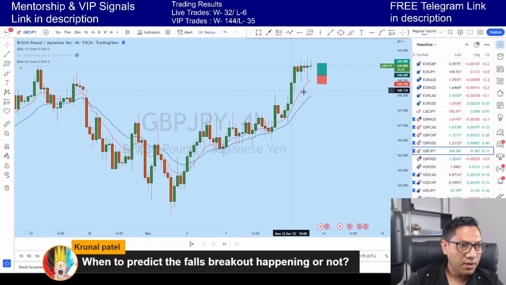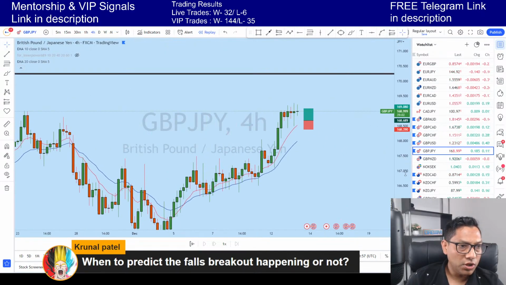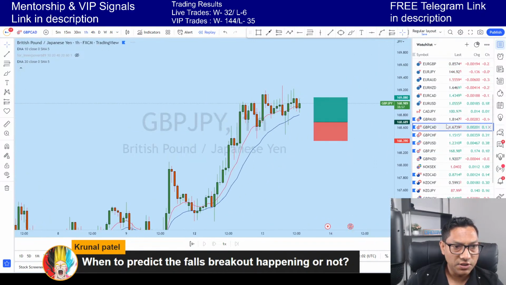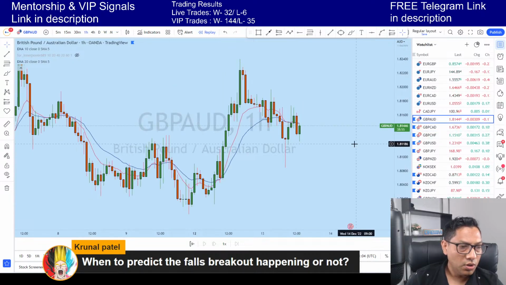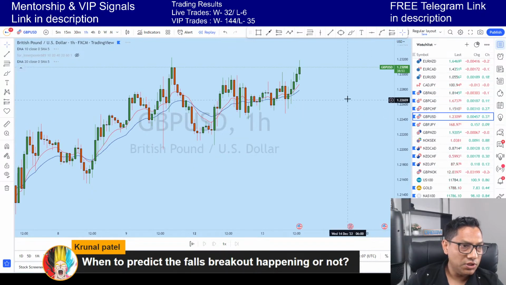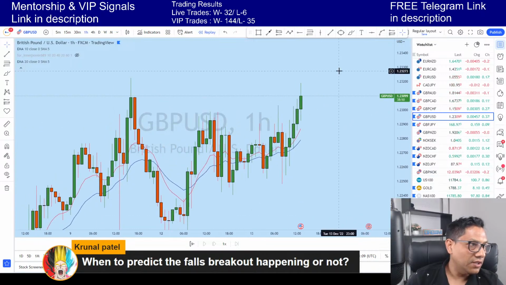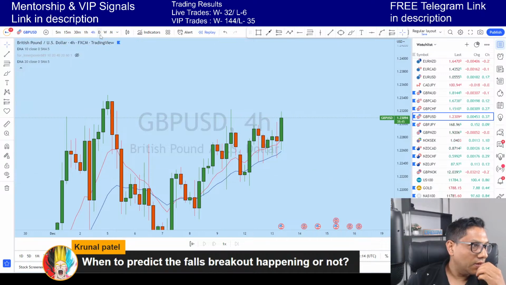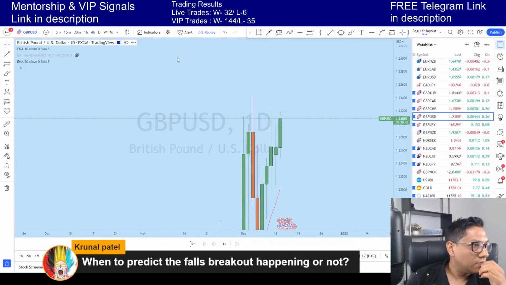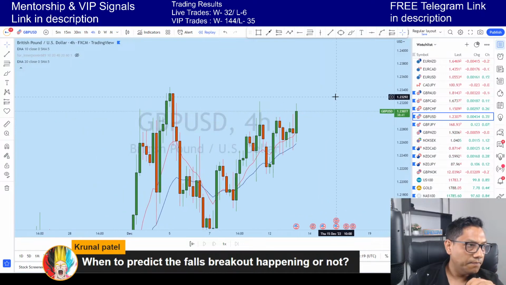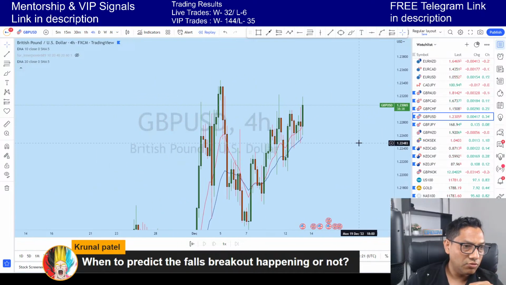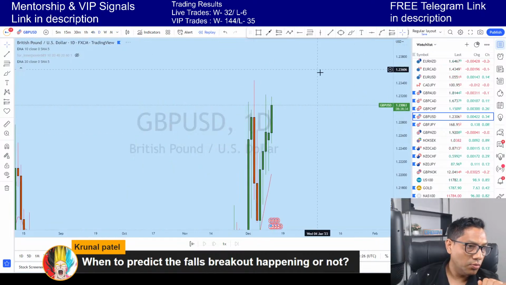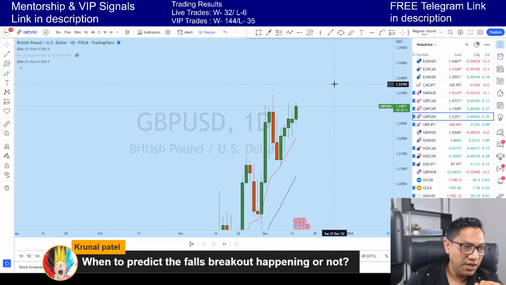Let's see what happened. I will keep an eye mostly on GBP/JPY, GBP pairs, and USD pairs also. Looks like GBP/USD is also pushing to the upside. This is the 1 hour chart. It looks like GBP/USD is breaking to the upside. As gold is going up, GBP/USD might also create some bullish price action.